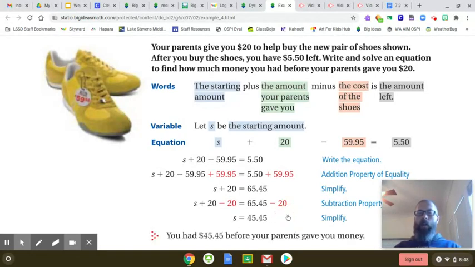I know that's a lot of stuff, but this tells us that you had $45.45 before your parents gave you the money. So we got to break it down into small steps and plug everything in where it goes, and then solve once we have the equation. So keep the notes handy when you're doing your assignment.